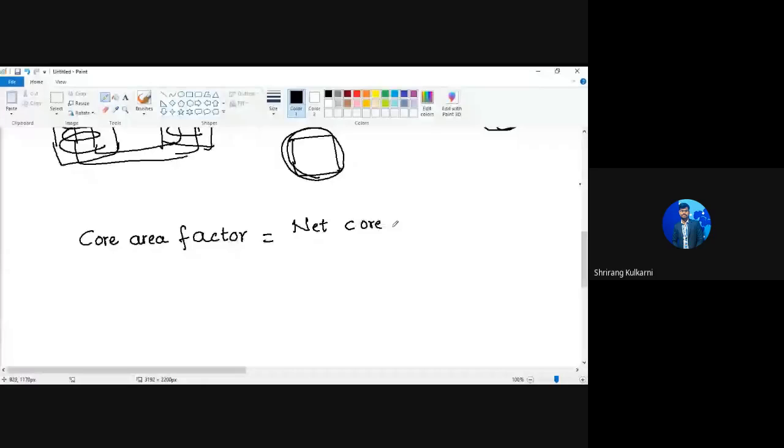Yes, that is required for our core area factor. What is the core area factor? Core area factor is equal to the ratio of net core area to square of diameter of circumscribing circle.